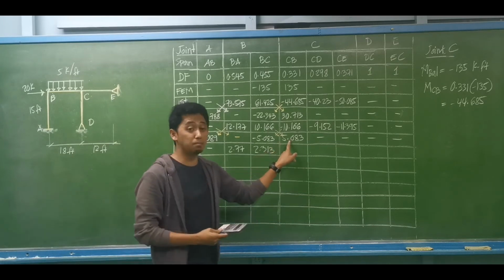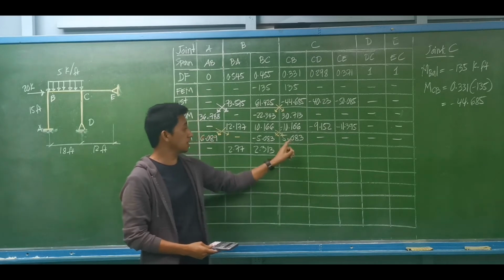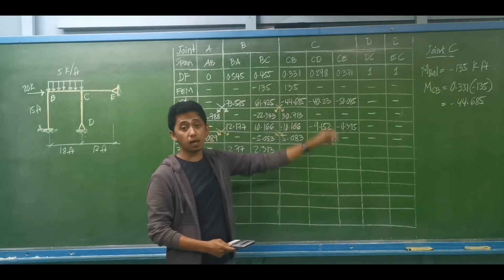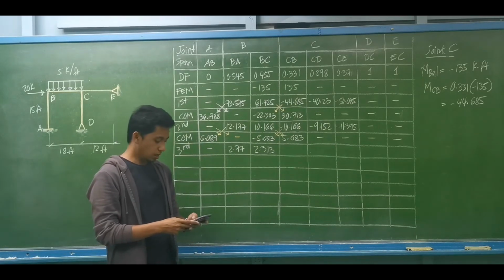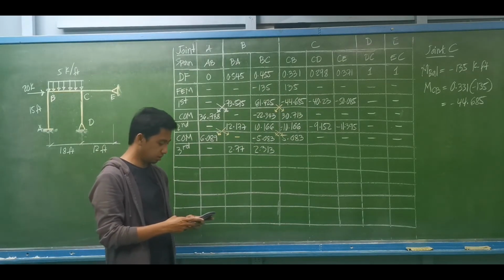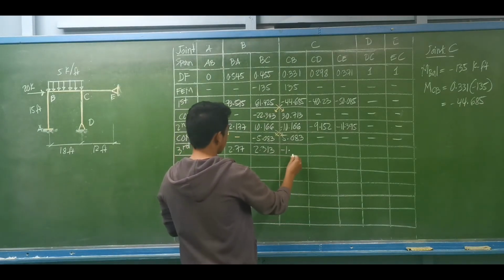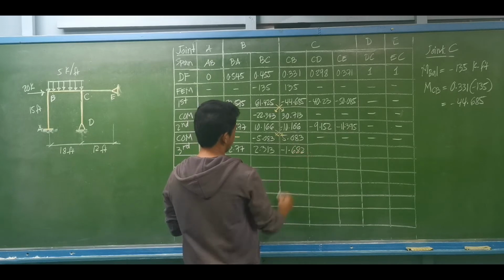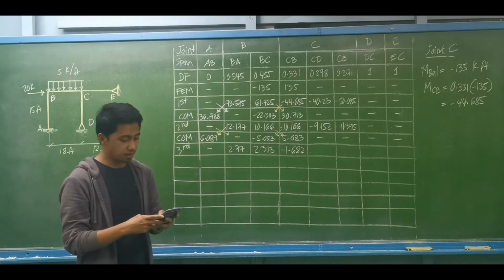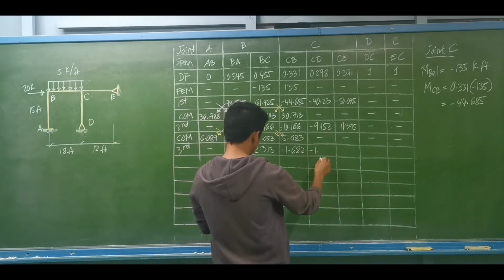And then we have this one. This is a positive moment. How to balance? Use the opposite sign, negative 5.083. Then distribute using the distribution factors. So you have negative 5.083 multiplied by 0.331, and we have negative 1.682. And then next factor, we have 0.298. That is a negative 1.515.